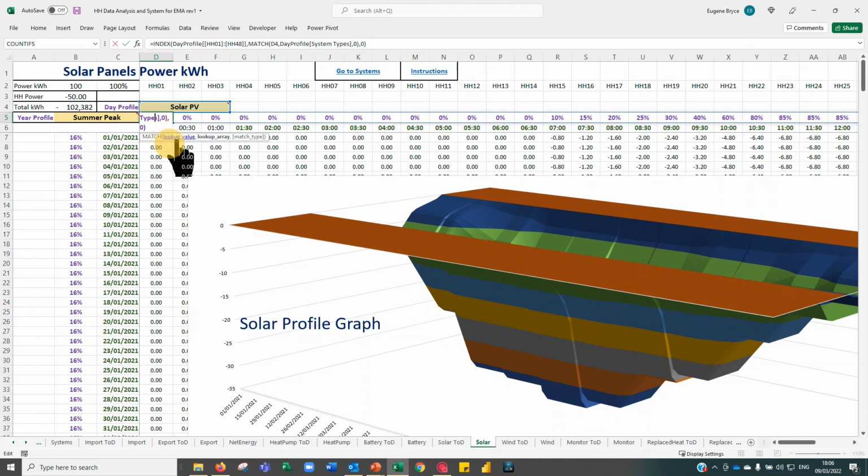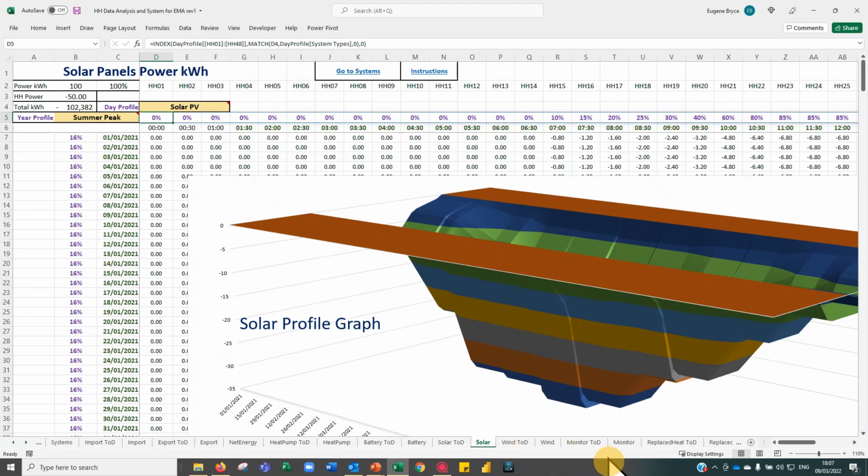No, that's not very good. Hopefully you can see it, called index and arrays. So I just type the formula I like into this cell and it populates the entire day profile for me based on the value I select in this cell. So I've selected solar PV, summer peak, and that produces that.